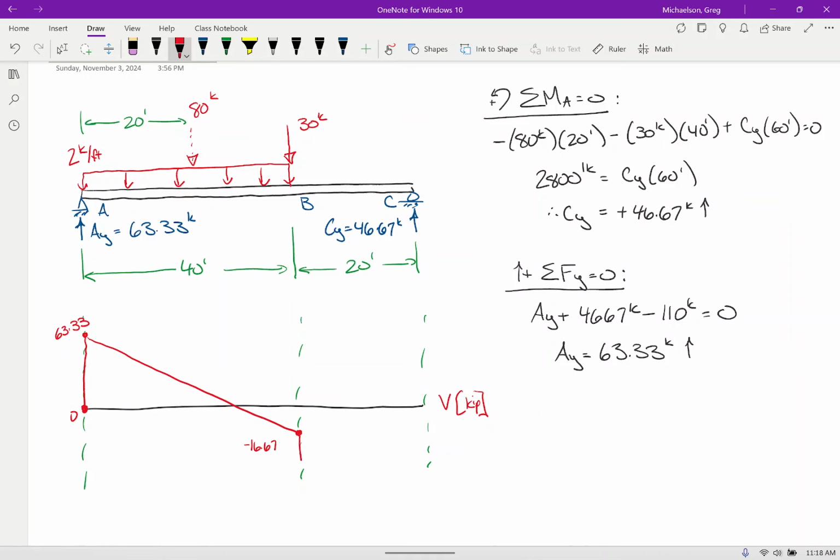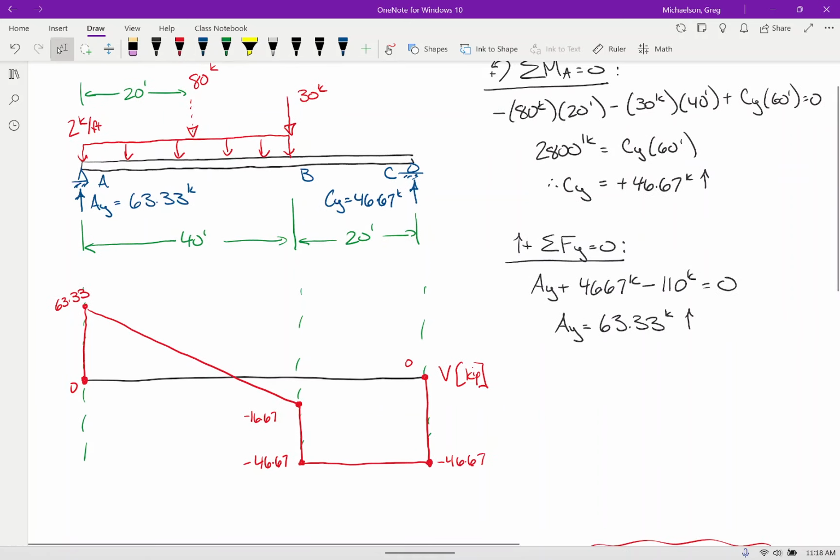Then a sudden jump to negative 46.67, then over and back up to 0. Does everybody see that?